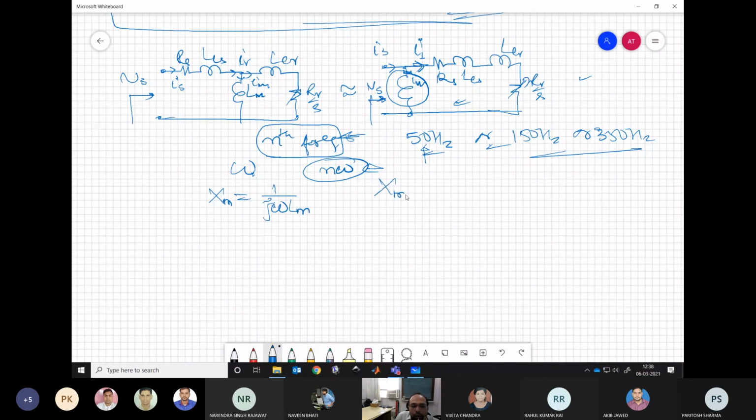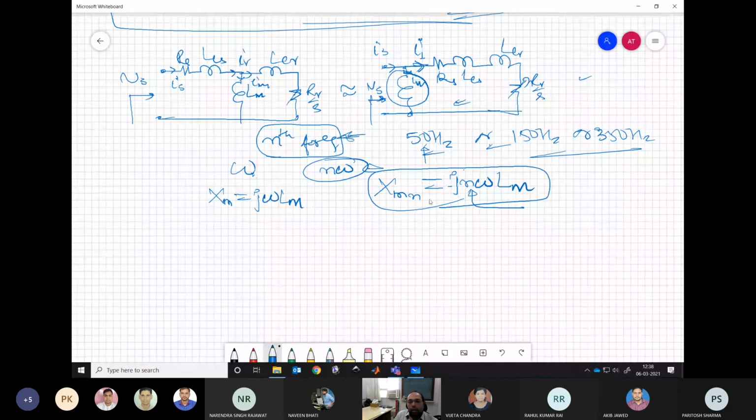Now for the harmonic component, the reactance, which you can write with a subscript of mn, will have a factor of n getting multiplied over there.